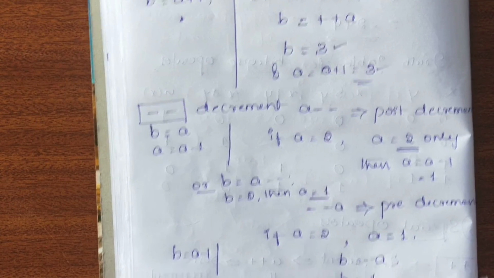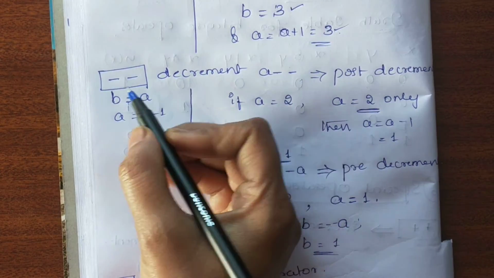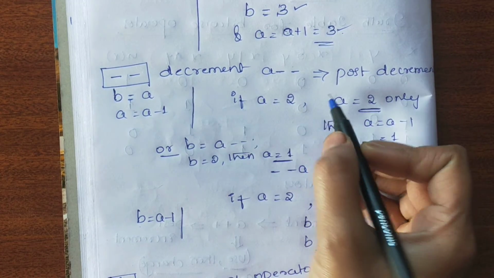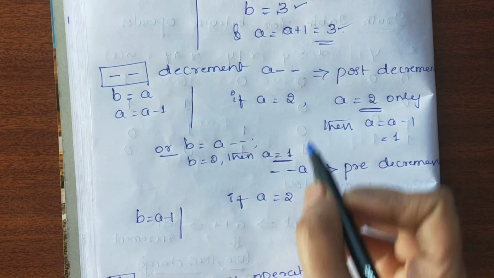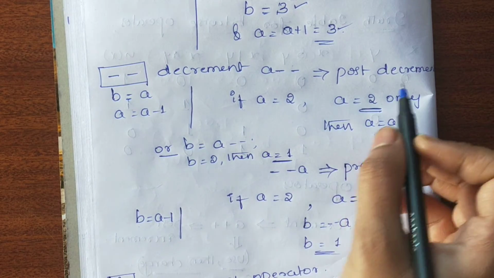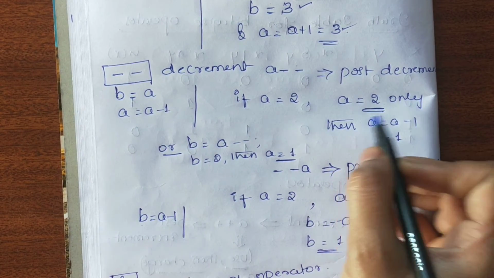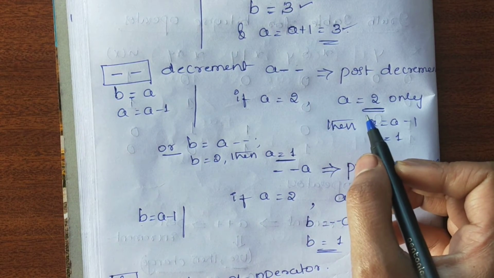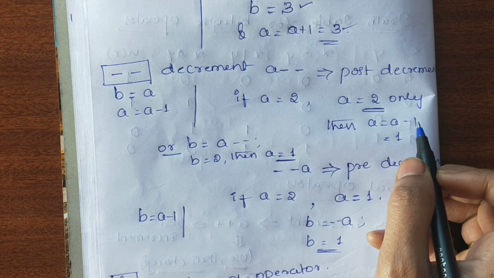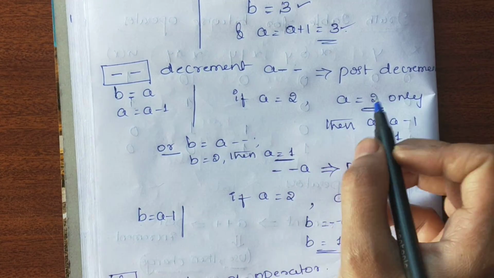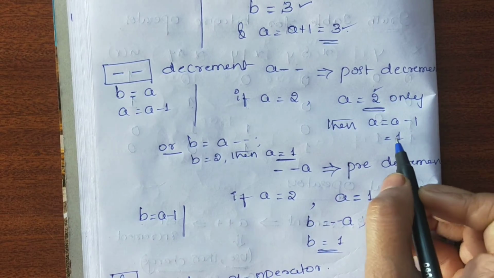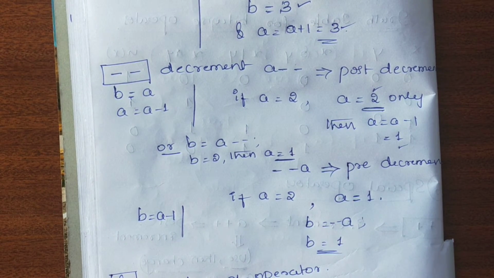Next, like the same we have decrement operator. Here also post decrement as well as pre-decrement is there. In post decrement, first we use that value, then we decrement. Suppose a is 2 initially, then a will become 1.